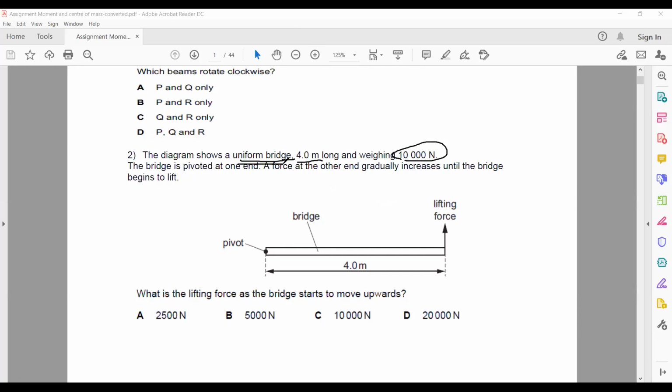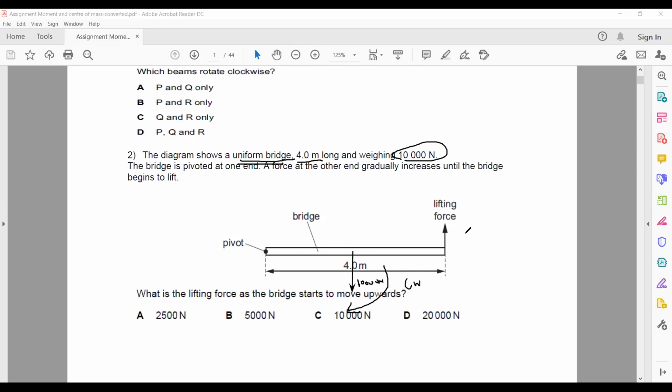Because it's uniform, the weight will act at the center. So the weight of the bridge is acting at the center, and it is equal to 10,000. This weight will try to cause a moment in the clockwise direction.